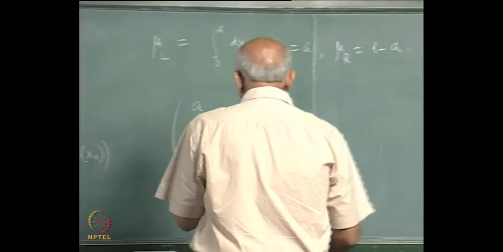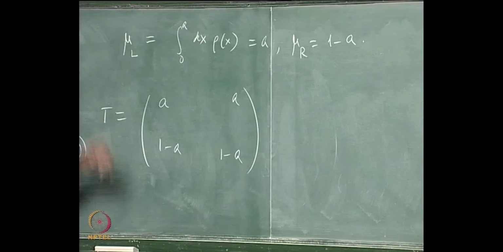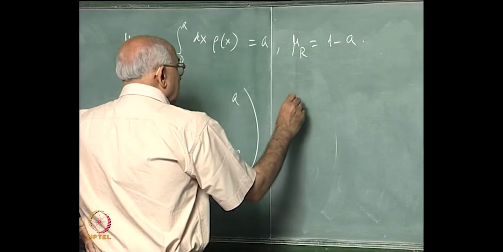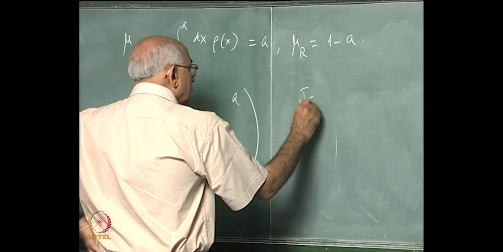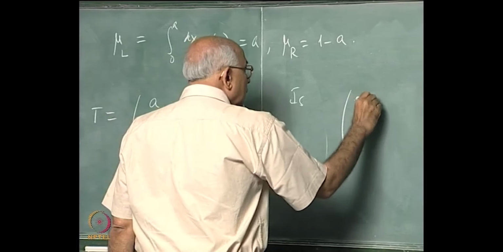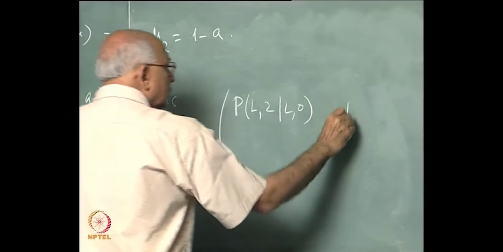So if I call this some transition matrix T, it is related to the W that I wrote down earlier by the addition of a unit matrix here. Then the question is what is T squared, and the question we ask, and I leave you to verify this, is the matrix P of L at time 2 given L at 0.